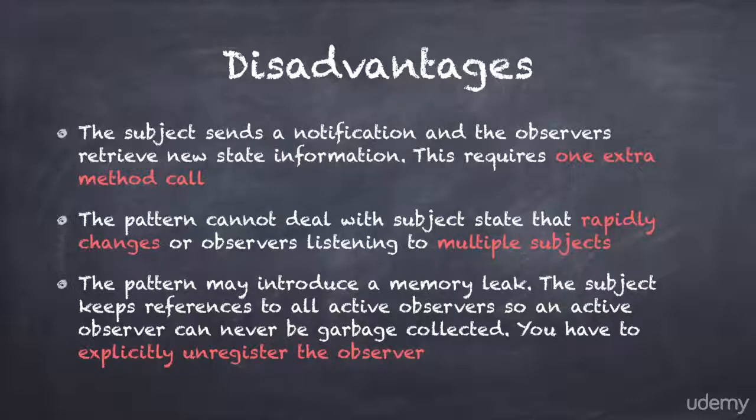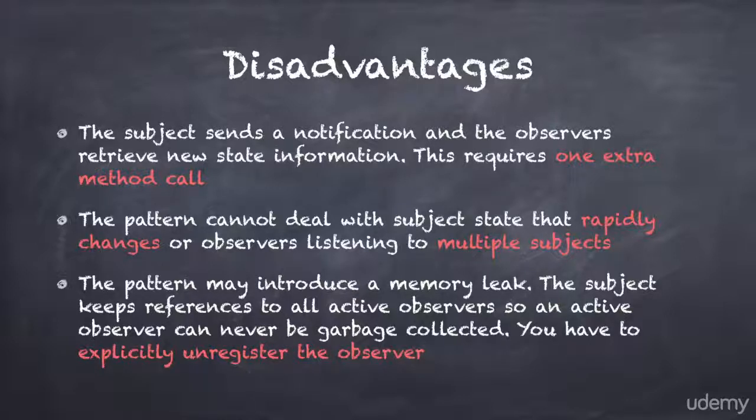Another disadvantage is that the pattern has a fairly narrow focus. It cannot deal with subject state that rapidly changes or observers listening to multiple subjects. If these scenarios occur in your application architecture, you are going to have to modify the pattern. And finally, the pattern may introduce a memory leak.